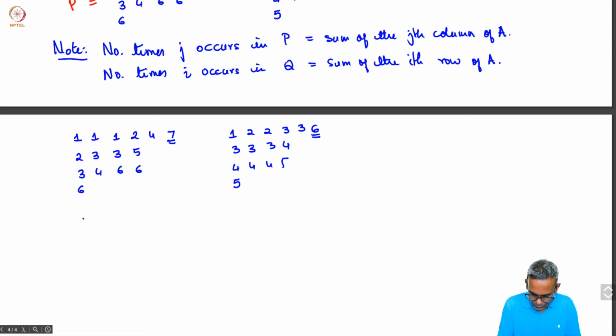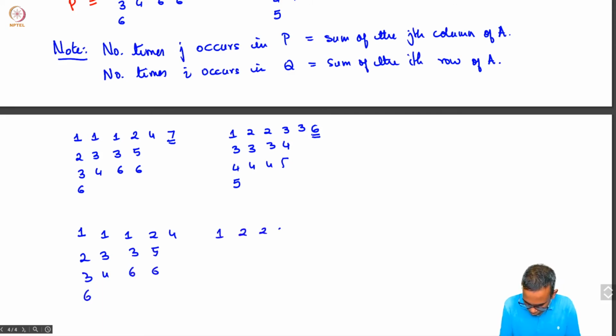So we know that at the very last stage we had 1 1 1 2 4 2 3 3 5 3 4 6 6 6, and here we had 1 2 2 3 3 3 3 3 4 4 4 4 5 and 5, and here we were inserting a 7.